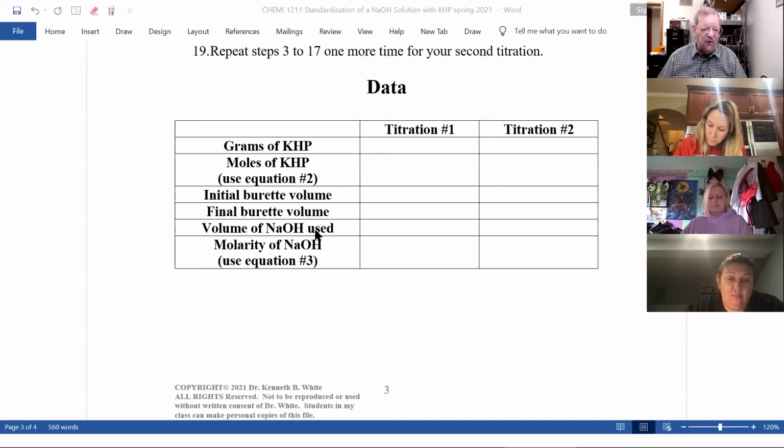I hope you all know the volume of NaOH, in milliliters, is the difference of these two numbers. Then to calculate the molarity of sodium hydroxide, you use equation 3. So hopefully I made it somewhat painless for you. Now let's go to Beyond Labz.